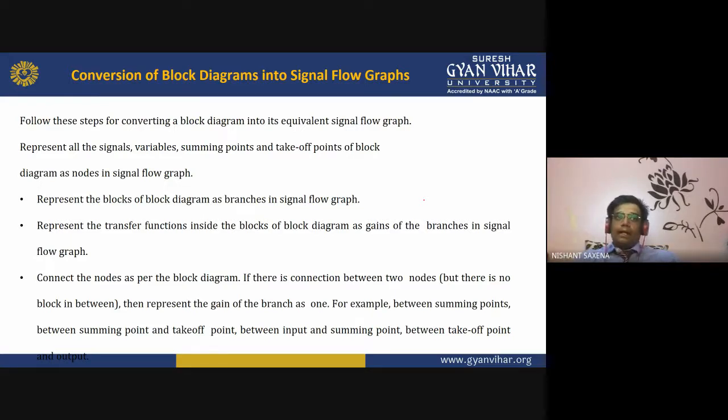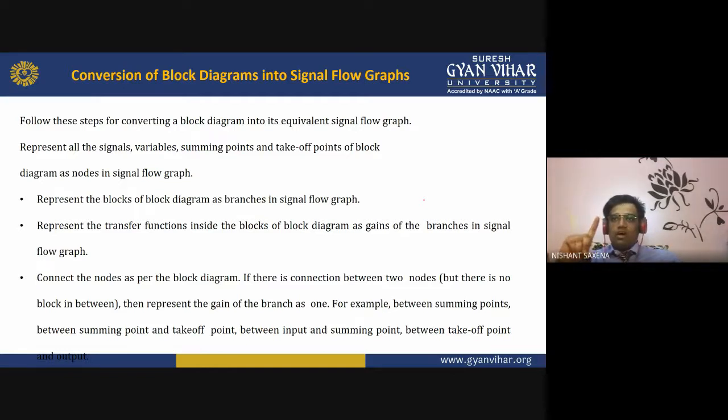The last step is to connect the nodes as per the block diagram, and if there is a connection between two nodes but there is no block between them, then represent the gain of the branch as 1. That means we have two nodes but no block between them, so we assume the gain of the branch as unity.